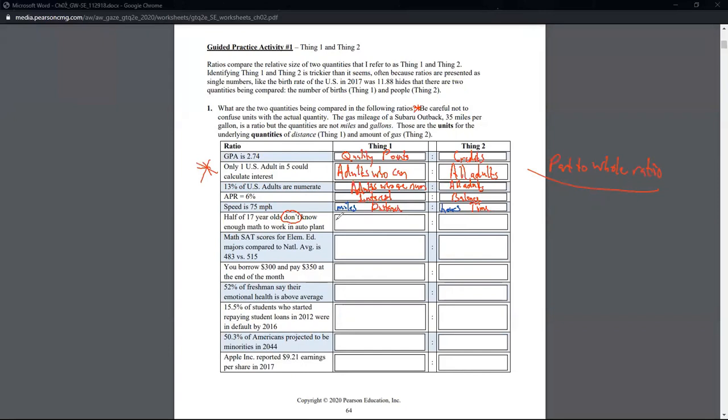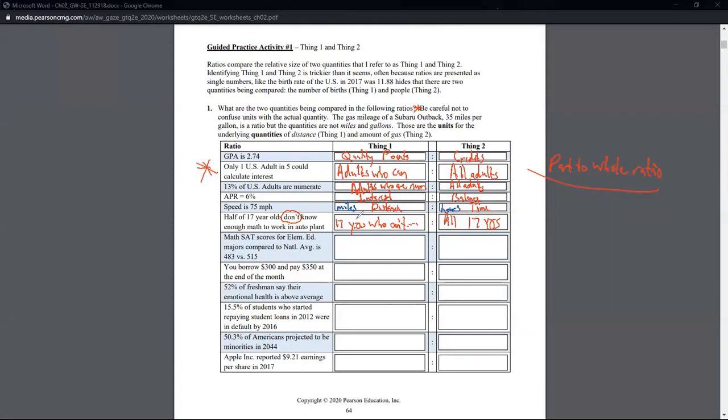So the 17-year-olds who can't do enough math, or don't know enough math, to all. Now, it's not all people, it's all 17-year-olds. All 17-year-olds. There we go.